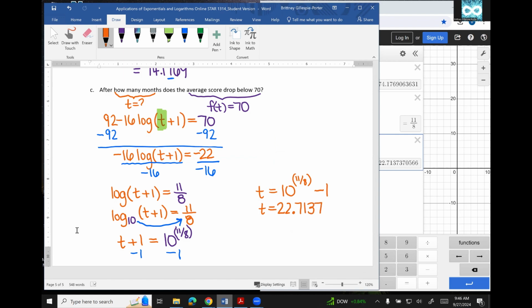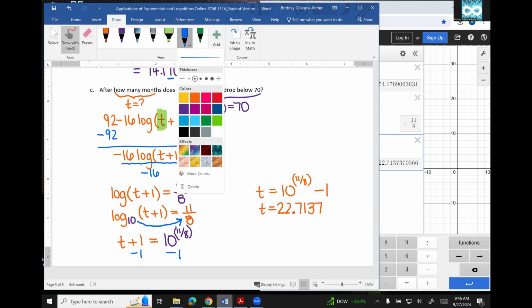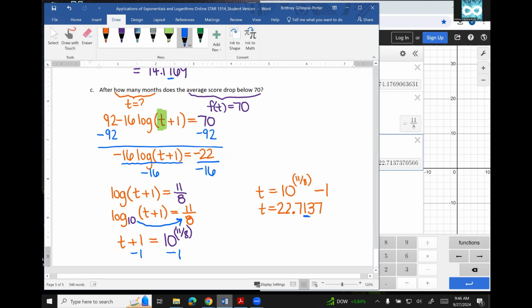22.7137. Rounding to the nearest tenth means that we need to look at the second decimal place. That's a 1. That's not enough to round us up.